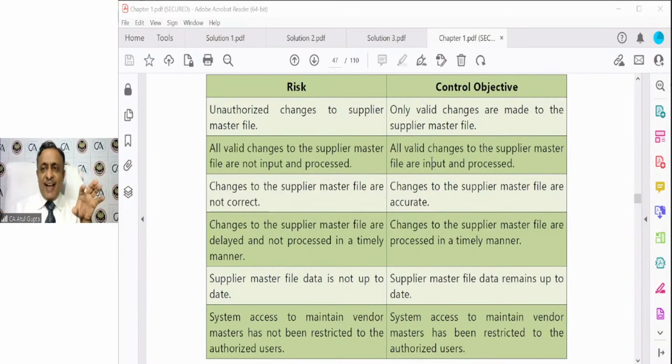We have seen what the master is; I want you to tell me what kinds of unauthorized changes could happen and how. Unauthorized changes to supplier master. Imagine, think. Based on your answer, we'll have a good discussion on this point, because I'll be selecting a few points so that you get the idea about what exactly is going on there.